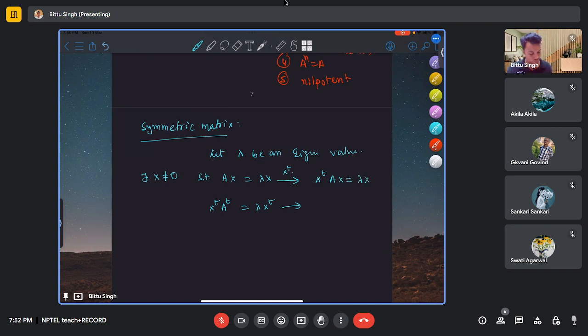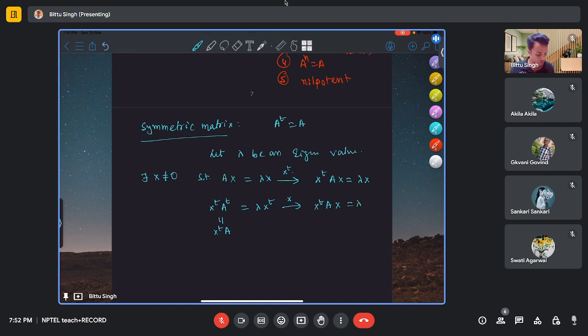Okay, and this is actually the same as, since A transpose is A, we are considering symmetric matrices, so this is x transpose A. And now here multiply x on the right side, then we'll get x transpose A times x.